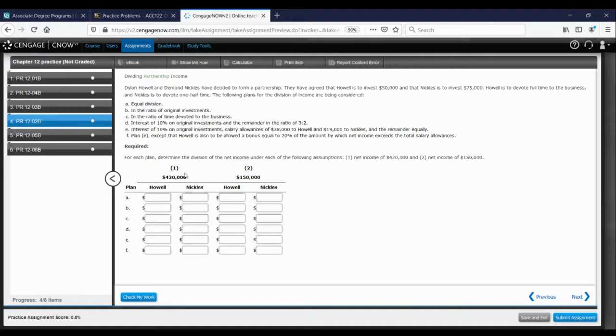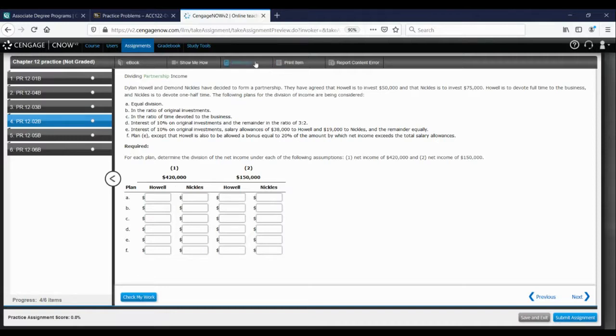Now, in this problem, we not only have one part, or part one, that is dealing with net income of $420,000, but we have an additional part of net income that's going to be $150,000. So these are treated separately again. With Plan A, what we're going to be looking at is the division of net income for Part 1, which was $420,000.